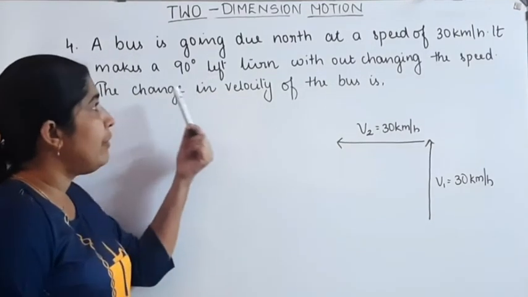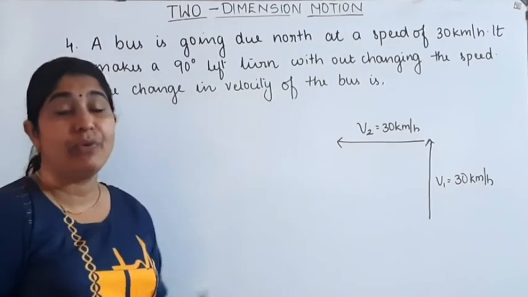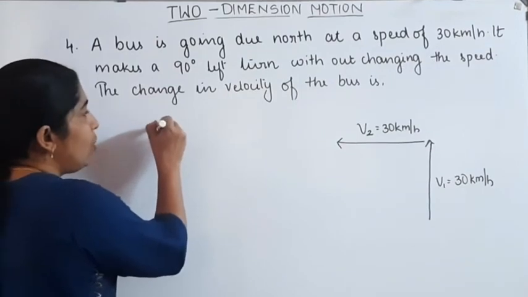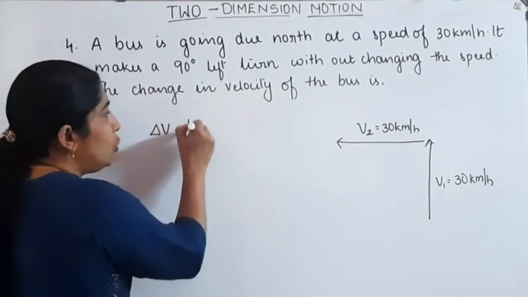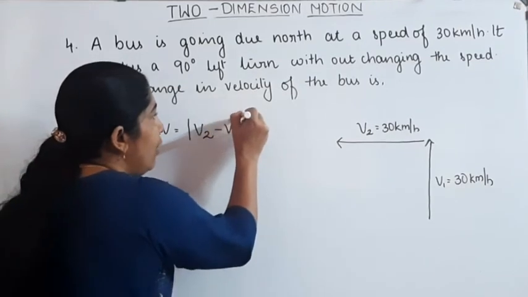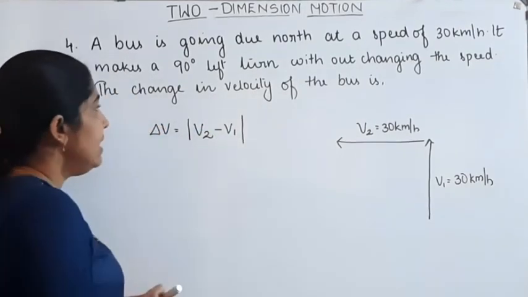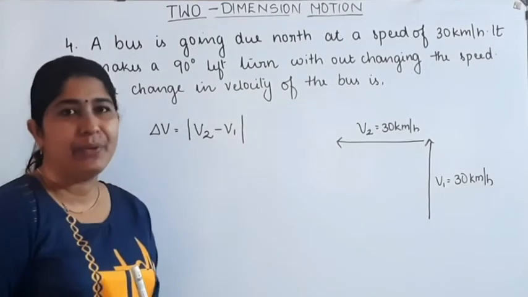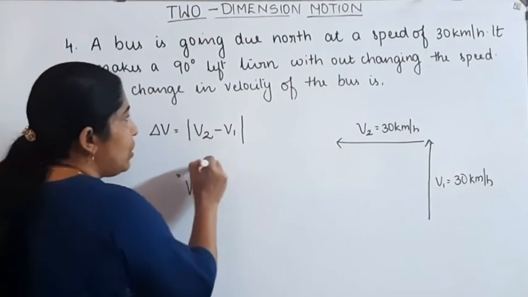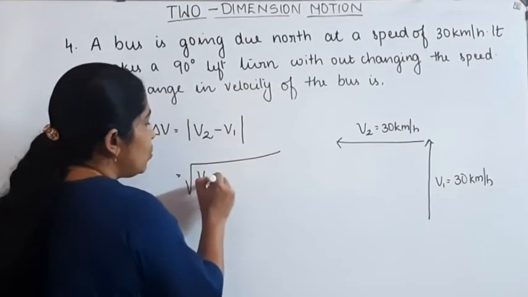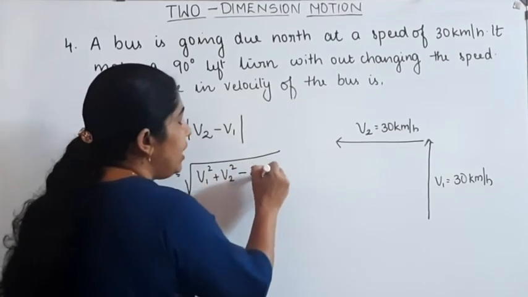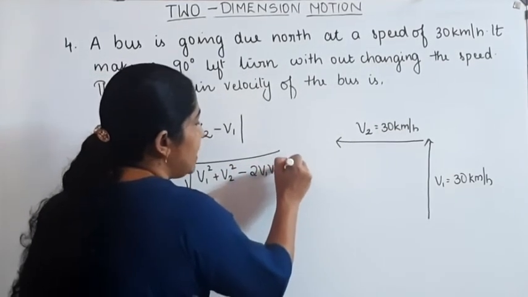We want to find the change in velocity of the bus. Change in velocity delta V is equal to modulus of V2 minus V1. This is equal to root of V1 square plus V2 square minus 2 V1 V2 cos theta.